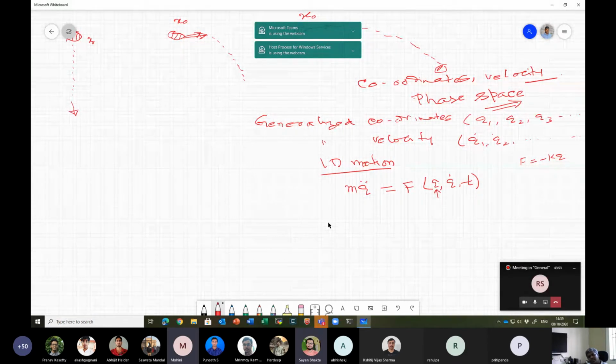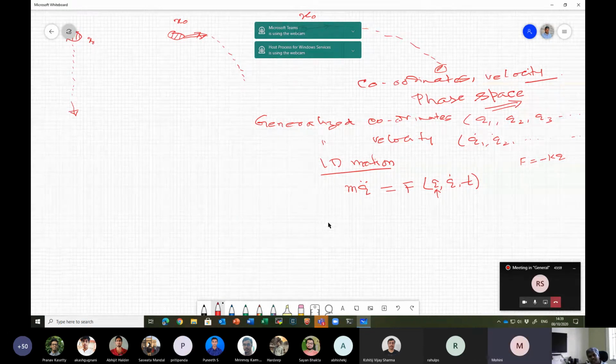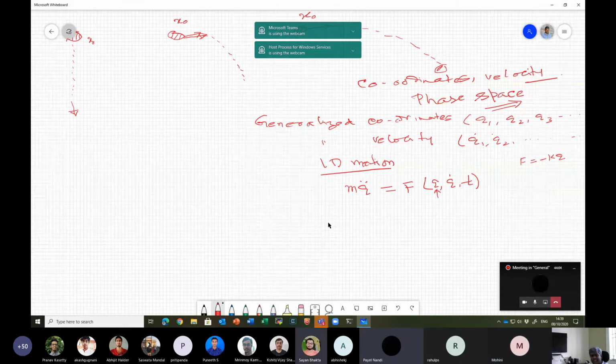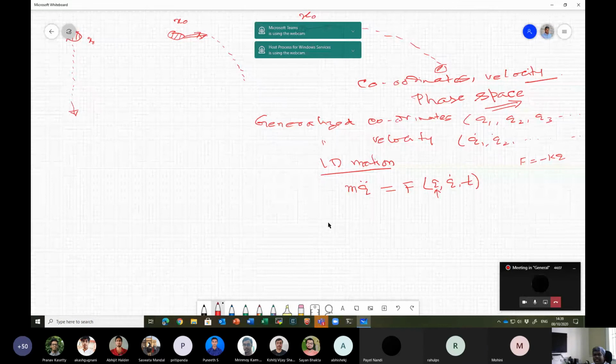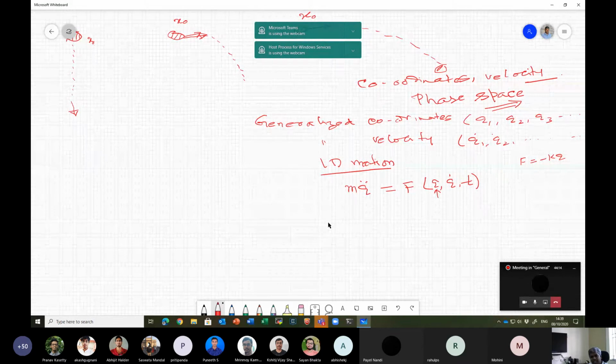Frictional force. Damping, frictional damping. Great. And another one? Lorentz force. Particle is in a magnetic field. Yes, great. So in the frictional force, is it proportional to velocity, or how does the relation look?